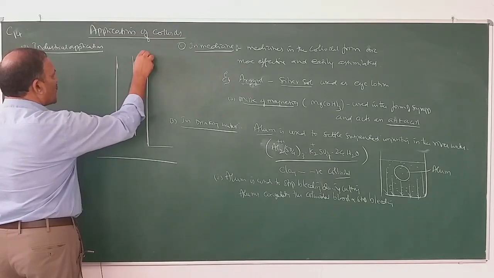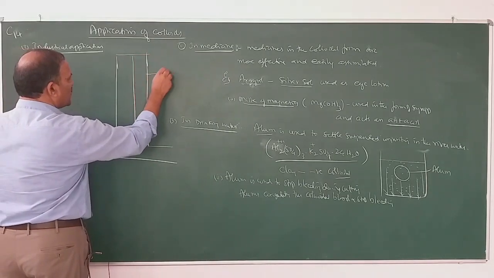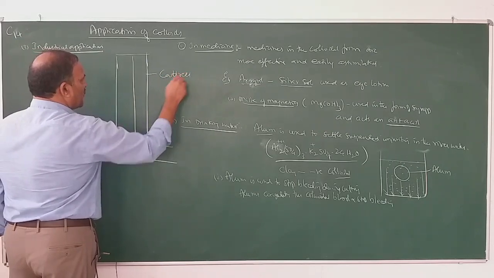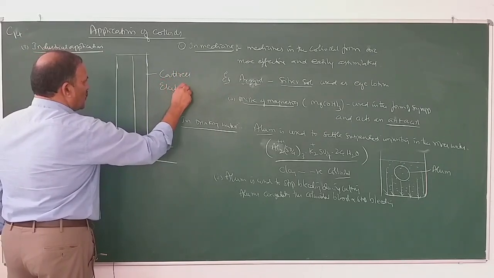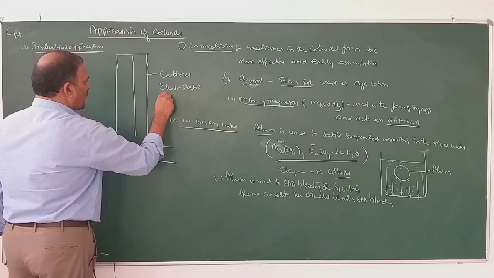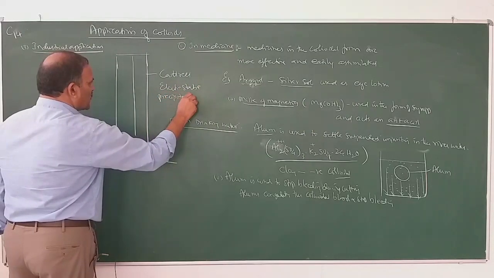So this is called electrostatic precipitators. This is called Cottrell electrostatic precipitators.